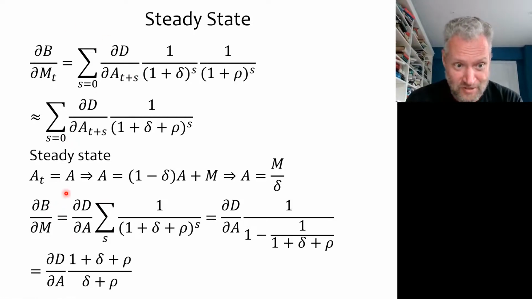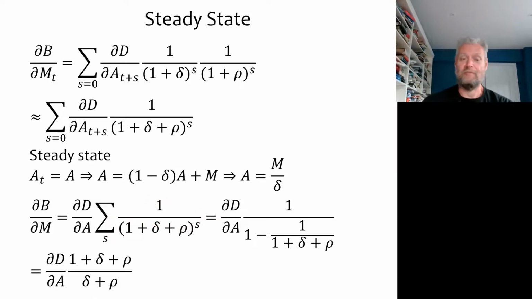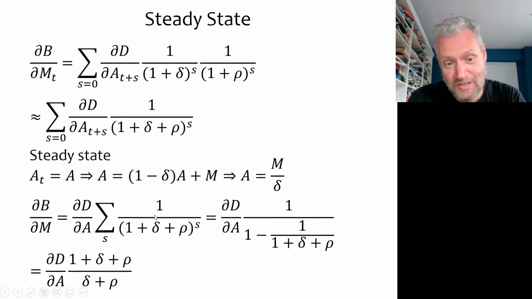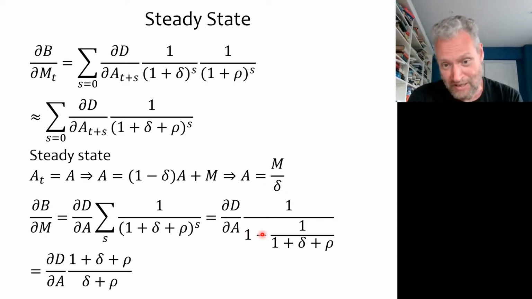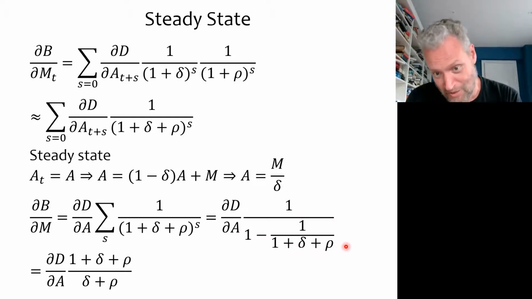So that is a handy expression. We got rid of the t's, so the first order condition is the derivative of B with respect to M, the derivative of D with respect to A. That no longer depends on t, so we can bring it in front of the summation sign. We have this expression here, 1 over 1 plus delta plus rho to the power s, from now until infinity. So we actually know what this expression is: 1 over 1 minus 1 over 1 plus delta plus rho.